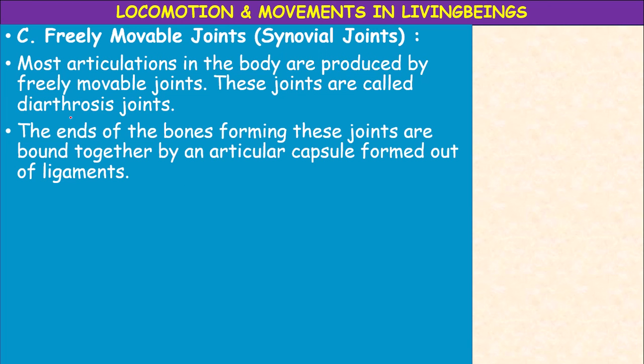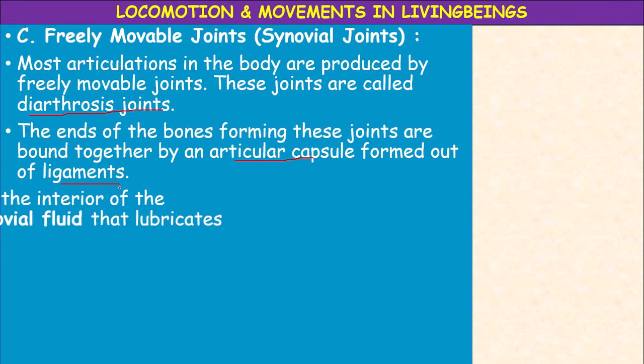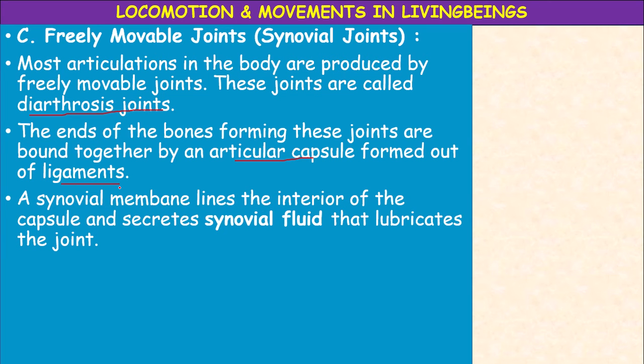The freely movable joints are also called diarthrosis joints, bound together by an articular capsule formed out of ligaments. A synovial membrane lines the interior of the capsule. The joint capsule is present in the first figure we have observed, isn't it?